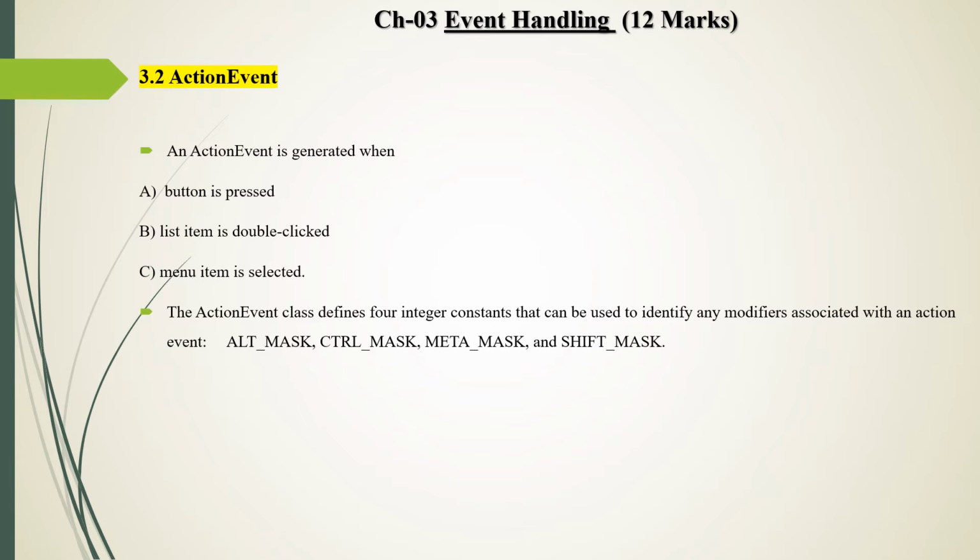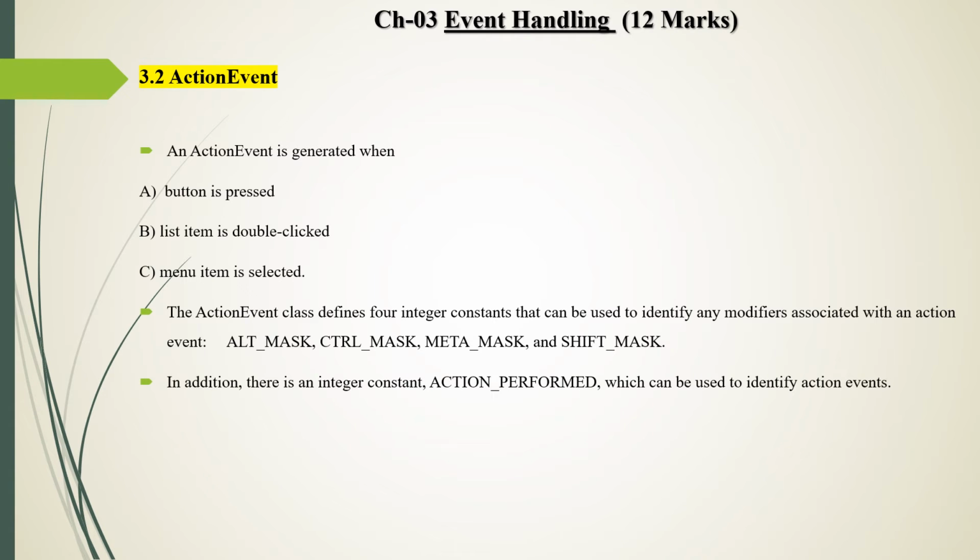So these four integer constants help to identify the modifier associated with action event. In addition, there is an integer constant ACTION_PERFORMED, which can be used to identify the action event. So ACTION_PERFORMED is also one integer constant in action event.